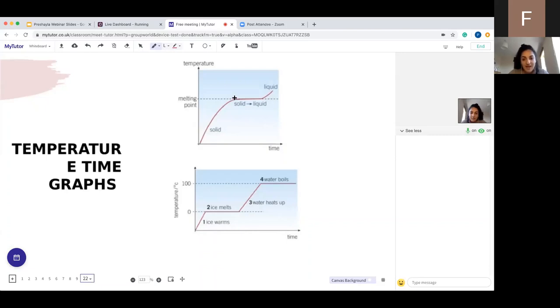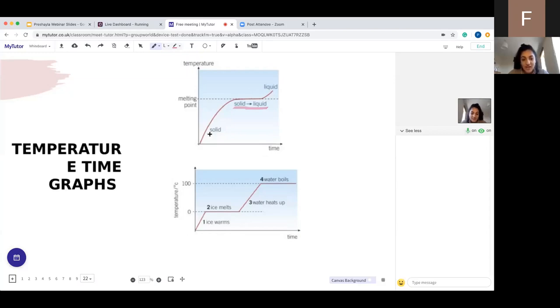But as it's turning from a solid to a liquid, there's no change in temperature. So you can see that there's a change of state, but no change in temperature. It's a flat line. And where this happens is called the melting point.